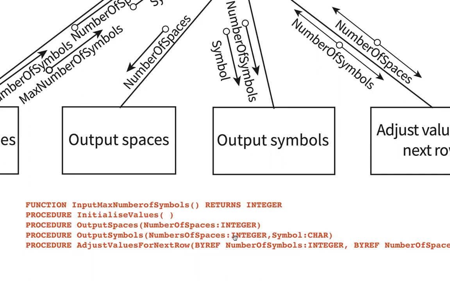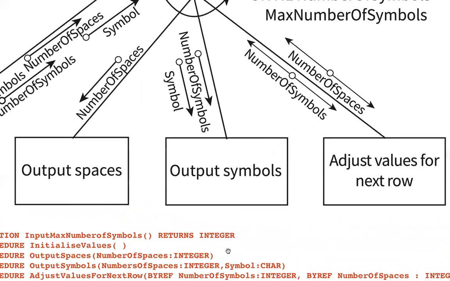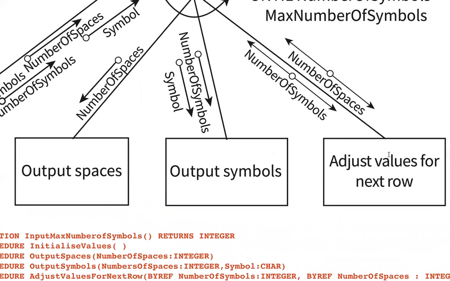But when I'm returning specifically something of integer or Boolean type, I will mention that. So adjust values for next row is by reference because I'm sending a value as a parameter to the procedure. That procedure is changing the contents of this value and possibly returning it back.